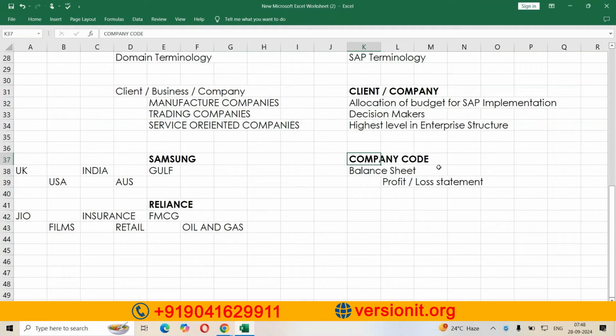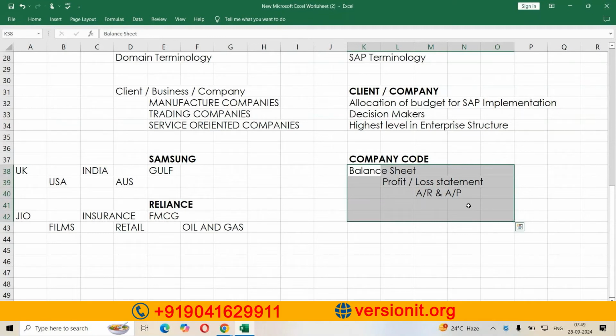Companies make sure each and every transaction is recorded on the SAP platform: incoming payments and outgoing payments, account receivables and account payables. If you keep a record of each and every transaction, we can go for preparing the balance sheet and come to know whether the company is in profit or loss for a particular financial year. So this is how we are going to be mapping it.